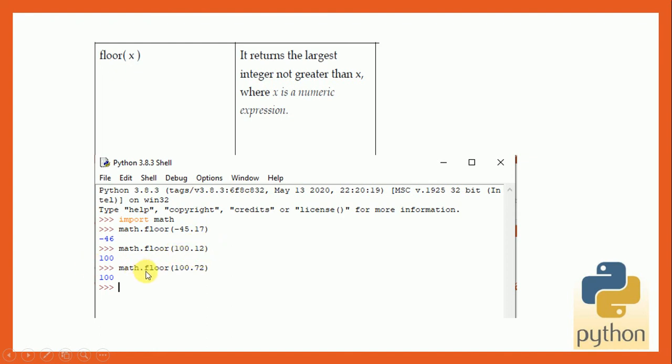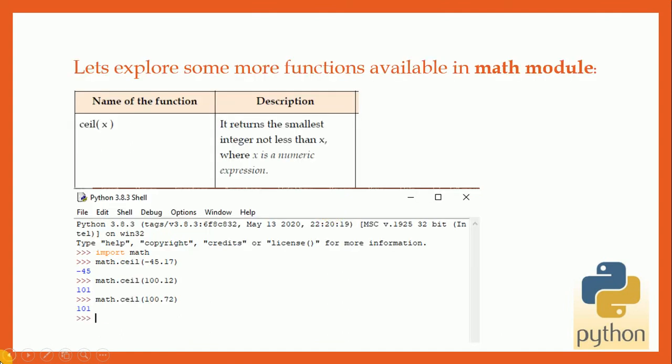That is 100. Here also slightly less than 100.72, that is 100. Here also slightly less than this one, that is minus 46, since among negative numbers, minus 46 is less than minus 45. Okay, it's clear.